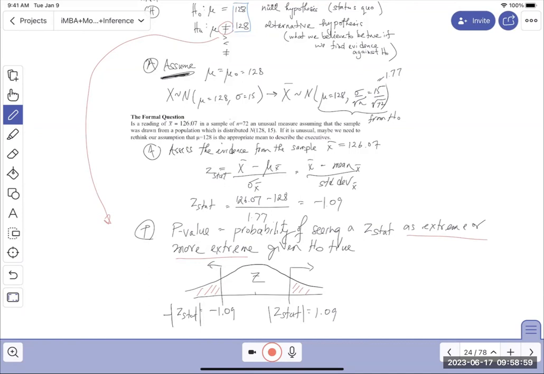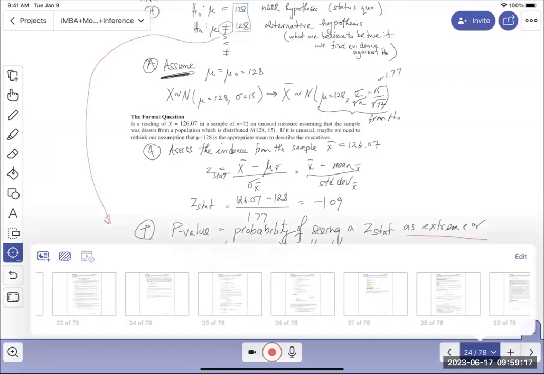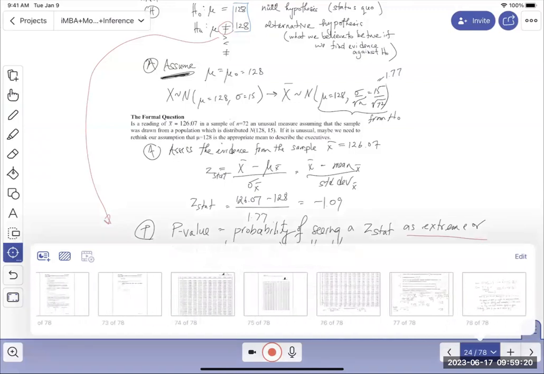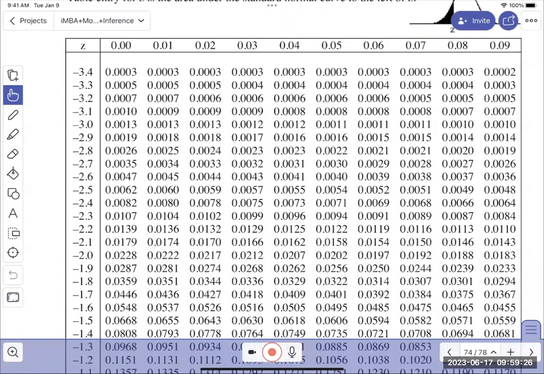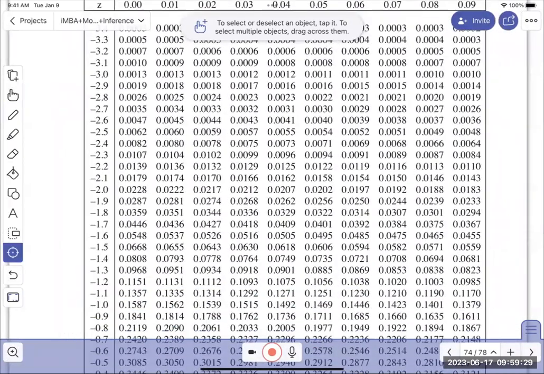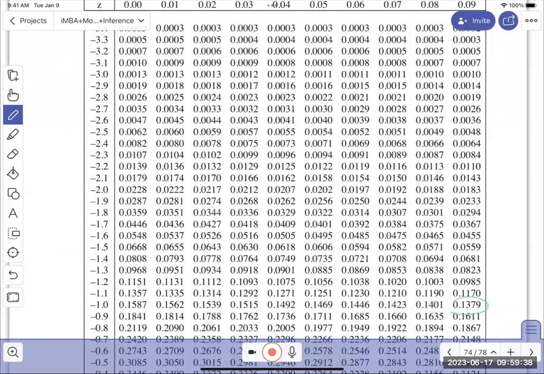So what is the probability of being, what's the percentile for negative 1.09? 0.1379.